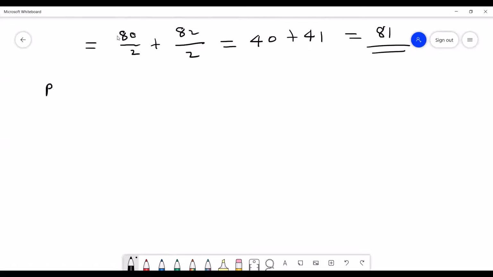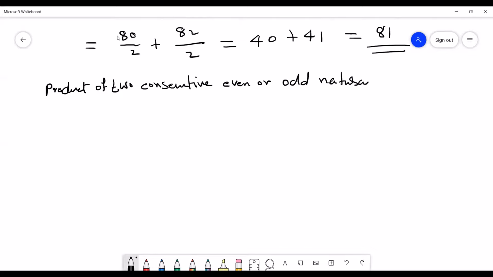So the next one is the product of two consecutive even or odd natural numbers.